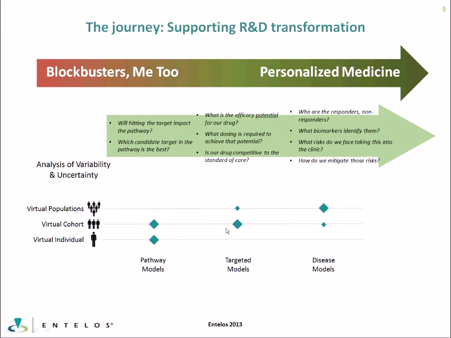Targeted models are good to test efficacy potential for a given target and help adjust dosing accordingly. These models also enable cohorts to be generated and enable testing and comparison with standard of care. However, the limited size of the targeted models and the inability to do population work limits the complex questions and complex research that you can do with the targeted models.